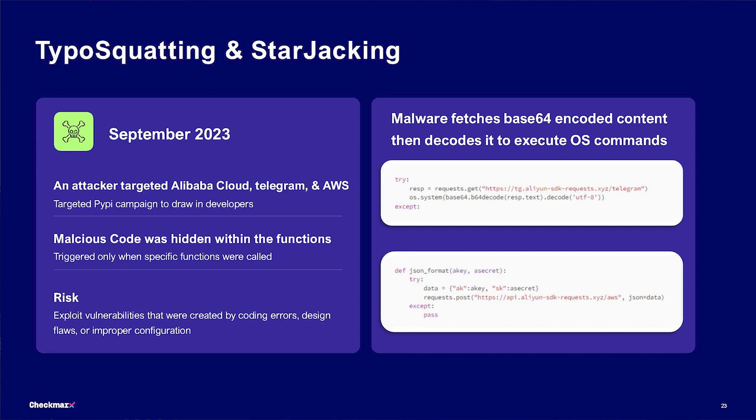So, like I said, in September 2023, not too long ago, there was someone who was creating malicious packages utilizing both typosquatting and starjacking. The attacker targeted Alibaba Cloud, Telegram, and AWS developers in a PyPI campaign. The malicious code was hidden within the functions.